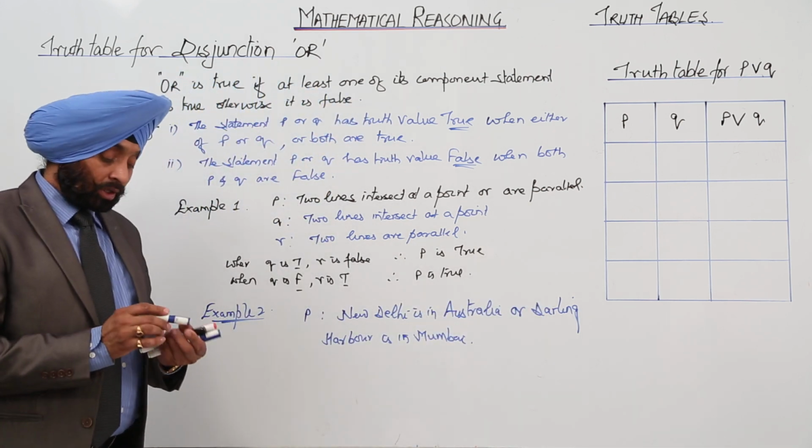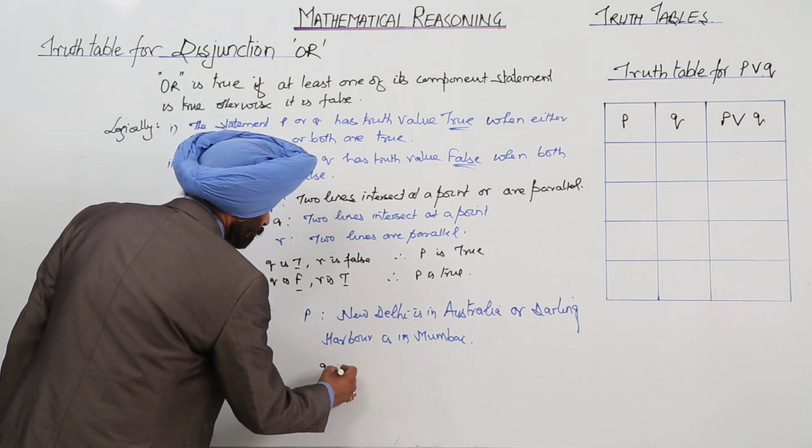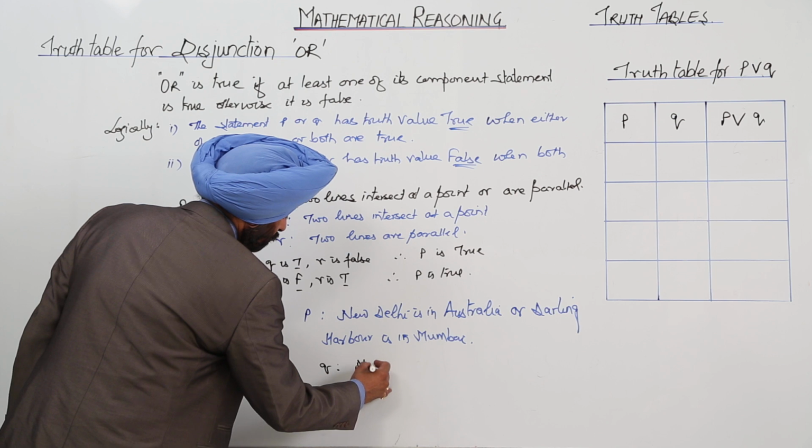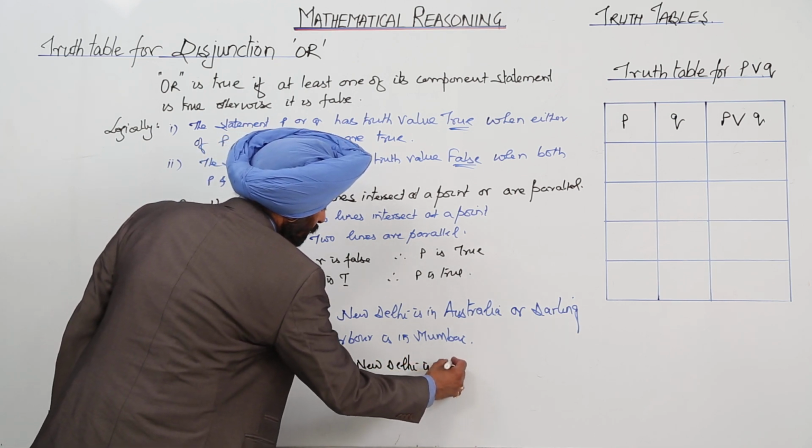Now what will the simple statements be? P, Q. Q will be: New Delhi is in Australia.